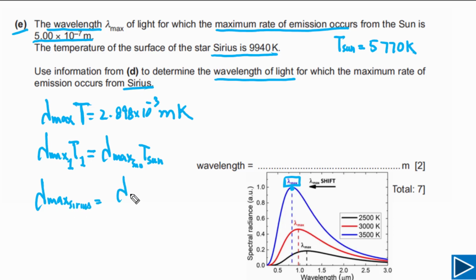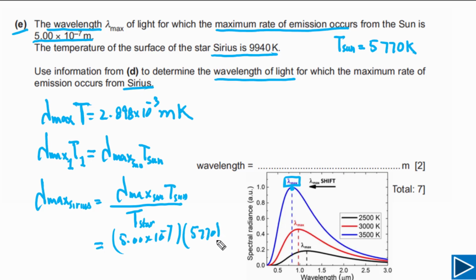So we can rearrange. Lambda max 1 is lambda max of the sun times the surface temperature of the sun, divided by the surface temperature of the star. Lambda max for the sun we have, that is equal to 5.00 times 10 to negative 7 meter, and the surface temperature of the sun is 5770 Kelvin.